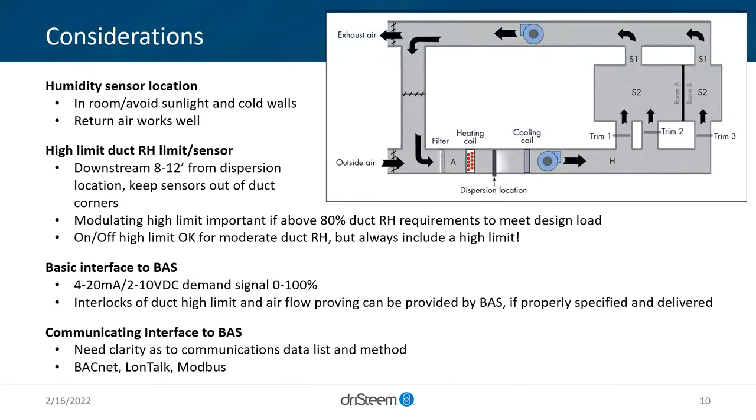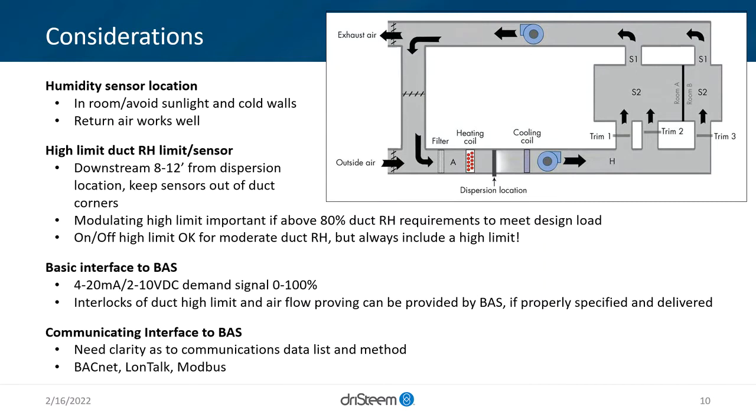Understanding high limit duct RH sensors, you may choose a switch or you may choose a transducer. And really the best practice is to get it as far downstream of that dispersion unit itself. And that's in an ideal world.